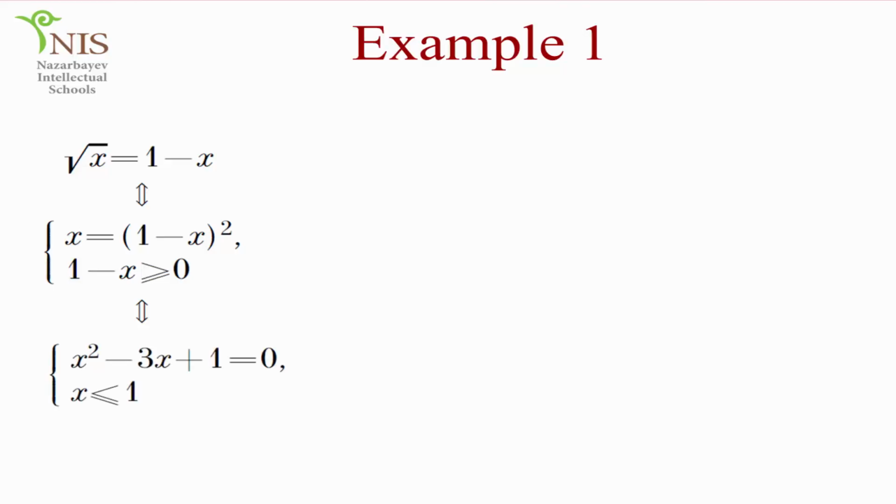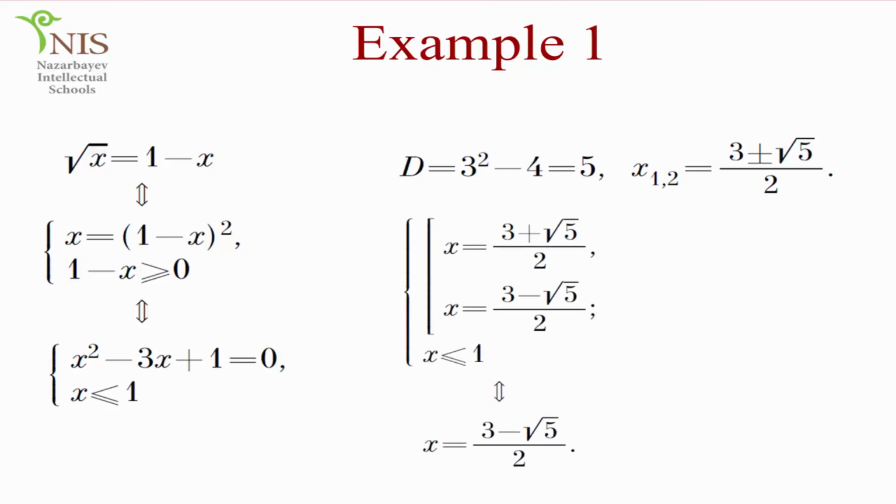And from this, we will get a quadratic equation: x squared minus 3x plus 1 is equal to 0. And from the second inequality, we get x less than 1. And by solving, we get the discriminant is equal to 5, and the roots will be 3 plus or minus square root of 5 divided by 2. And by using these roots, we get the final answer, which will be 3 minus square root of 5 divided by 2.